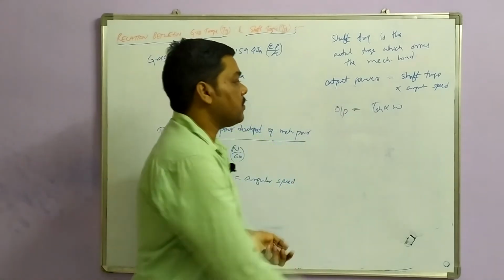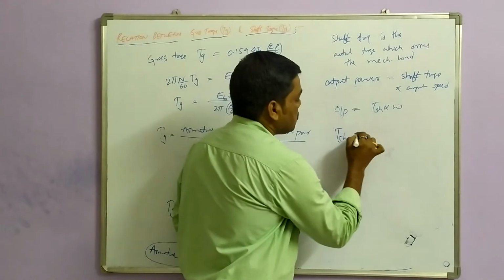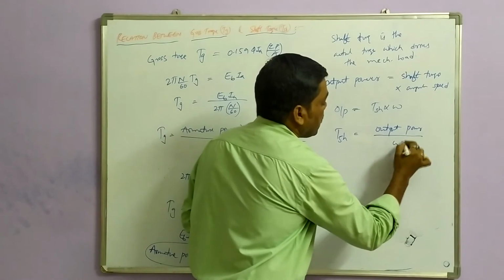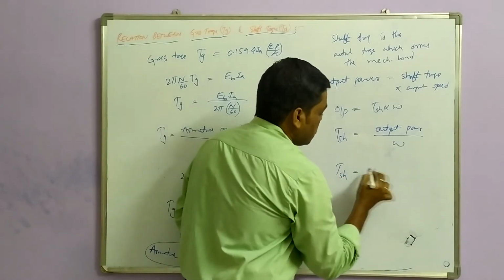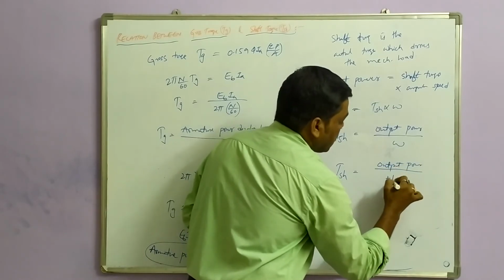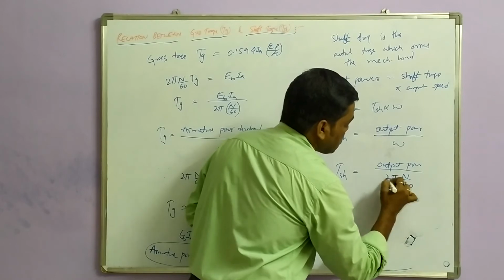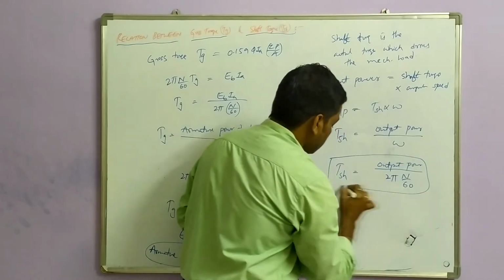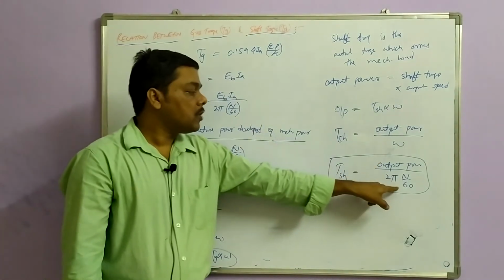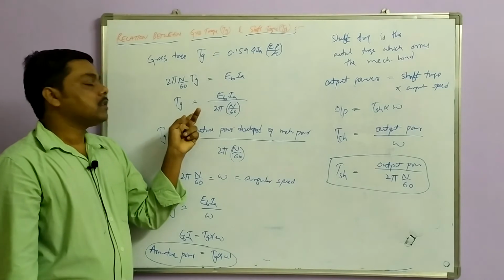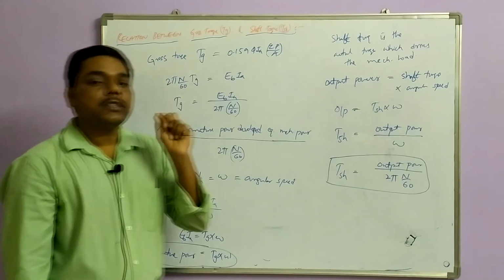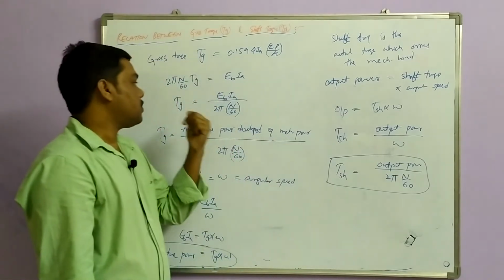So Tsh is equal to output power divided by omega, nothing but Tsh is equal to output power divided by 2 pi N by 60. Now this is the shaft torque. You can see here shaft torque is nothing but output power by 2 pi N by 60, and here the gross torque is Eb into Ia by 2 pi N by 60. So that is a major difference between shaft torque and gross torque.